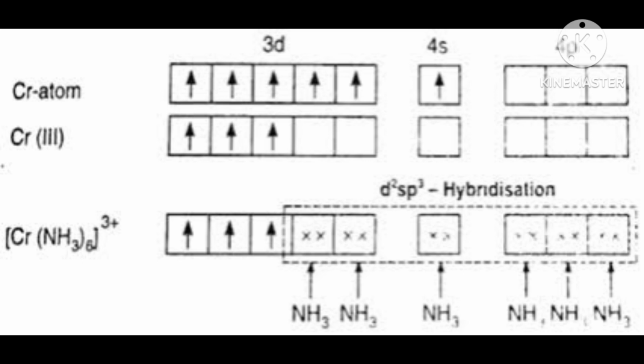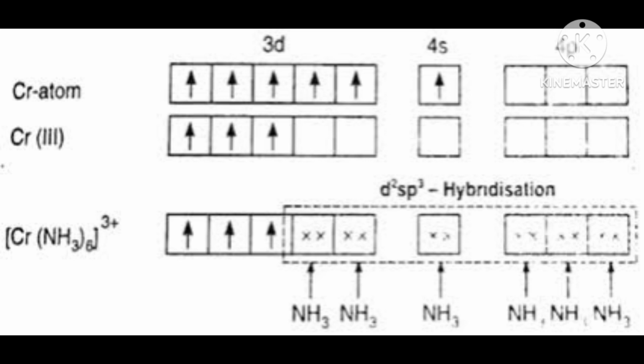Now all 6 fluoride ions will give one pair of electrons, total 12 electrons. Then you will find that it is now completely filled. This is now 6 orbitals of sp3d2.